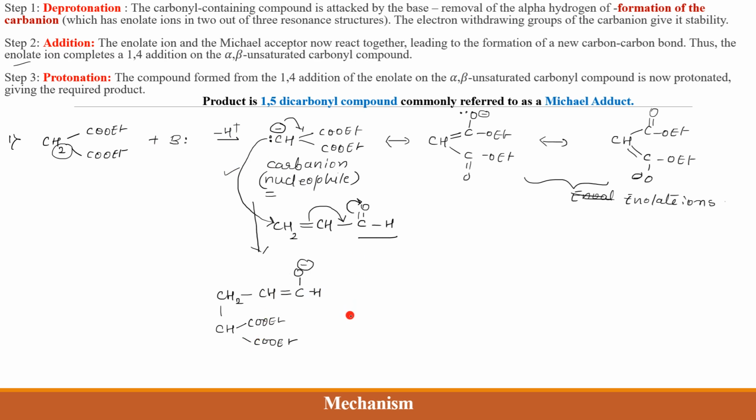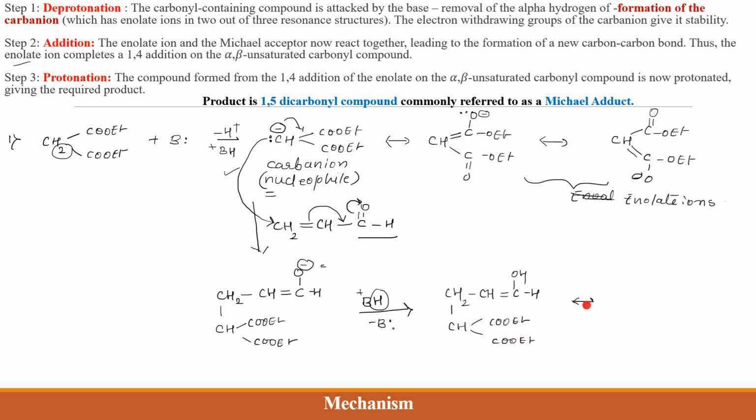Okay, now once that is done, after the nucleophilic addition, the next step is what? Protonation. Yes or no? So here you are getting what? BH plus, right? So here this protonation will take place. Base will be removed. You will get back the base, and this proton which is there, it will attack this oxygen. It will get attached to that oxygen. So we will write that double bond OH, H, and this is nothing but the enol form.